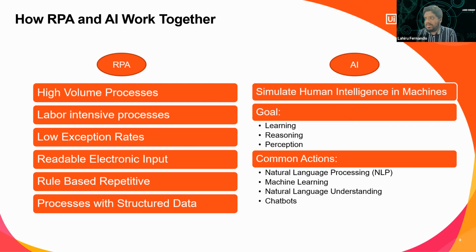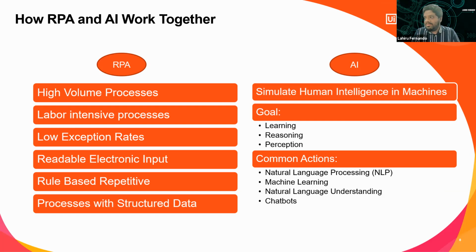The goal of AI is learning, and the others are reasoning and perception. Reasoning is used to predict certain things and decide why it needs to do something like that. There are some nice use cases that I have been involved in over the last couple of months, so I'll get to that.